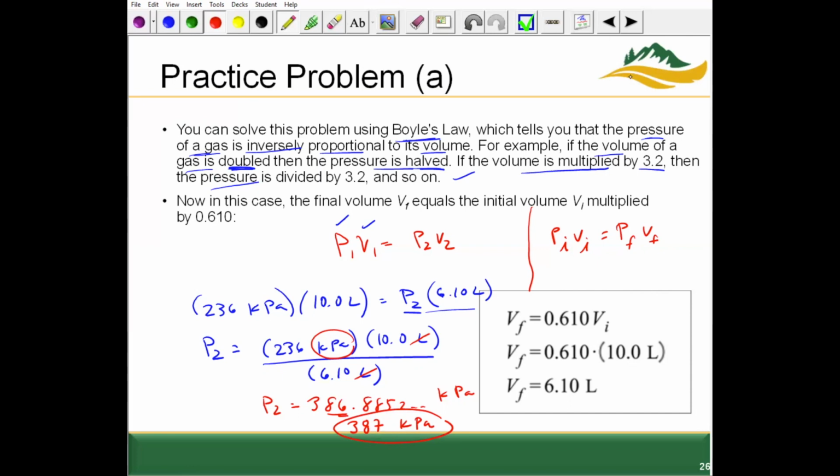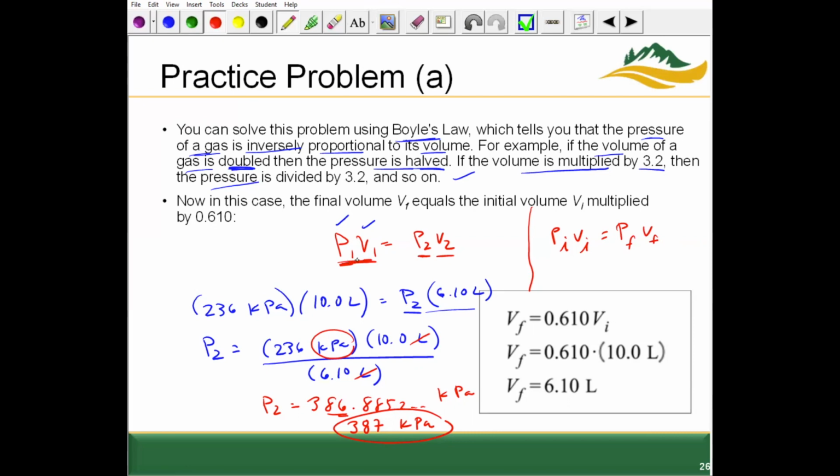One very important consideration of Boyle's law is that this pressure 1 times volume 1 is equal to the same value as pressure 2 and volume 2. Because as this pressure went up, this pressure over here would have to be a smaller value, or vice versa.